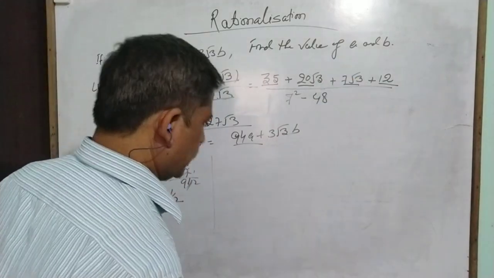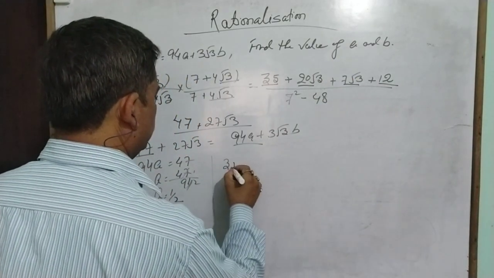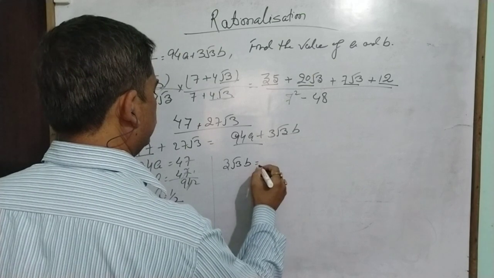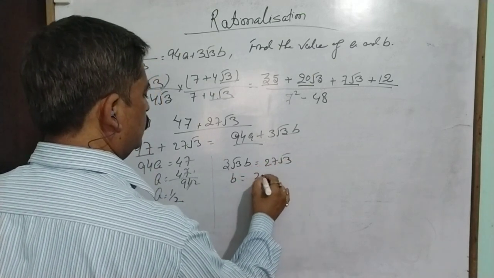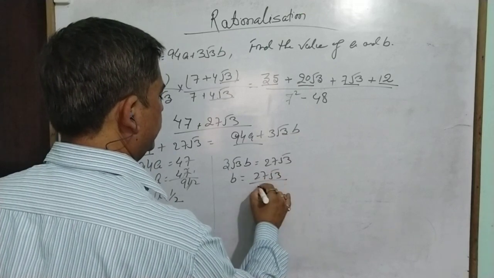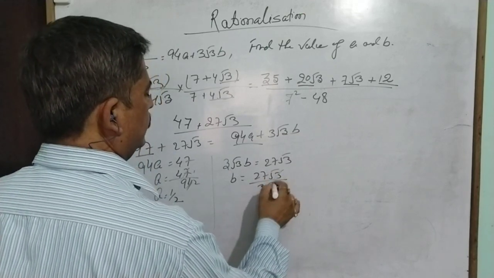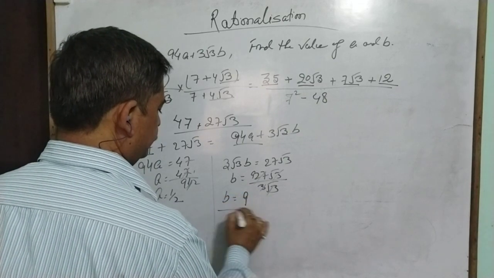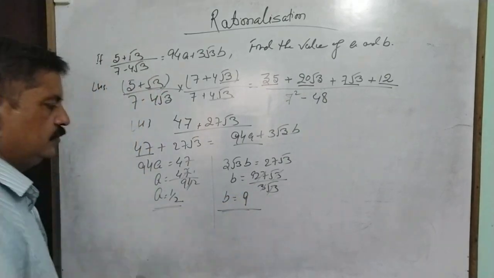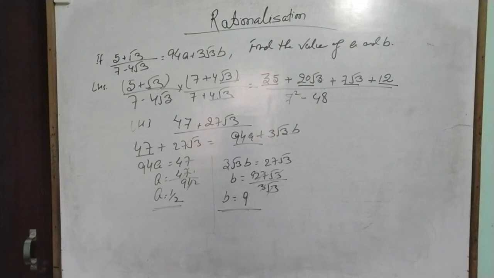Then comparing the second part, 3 root 3 b equals 27 root 3, so b is equal to 27 root 3 divided by 3 root 3, so b is equal to 9 and a is equal to 1 by 2.